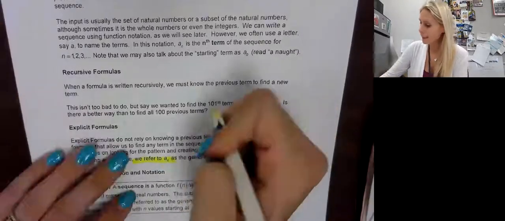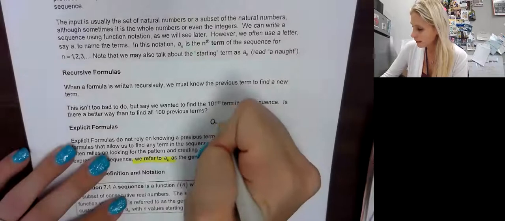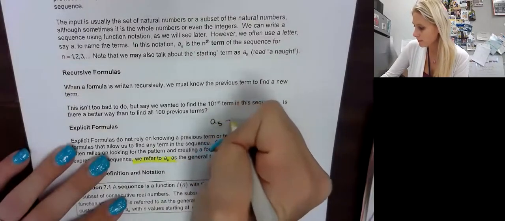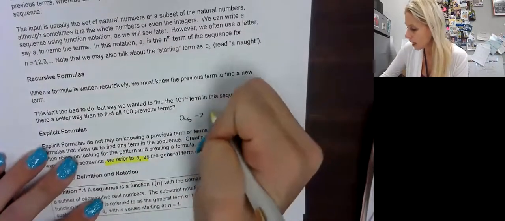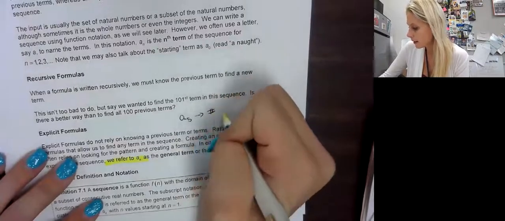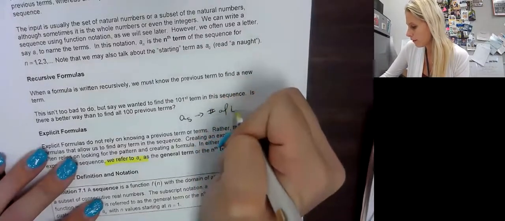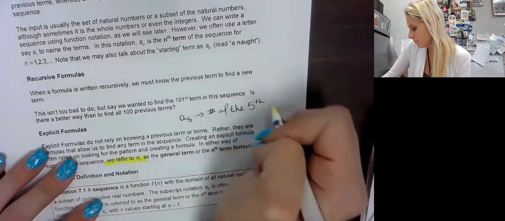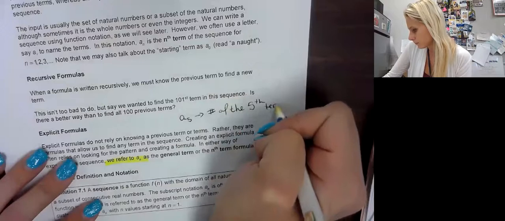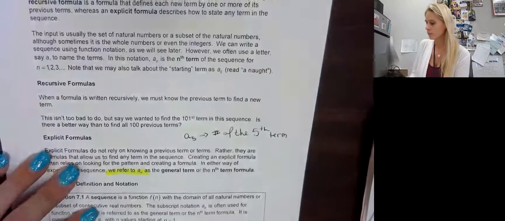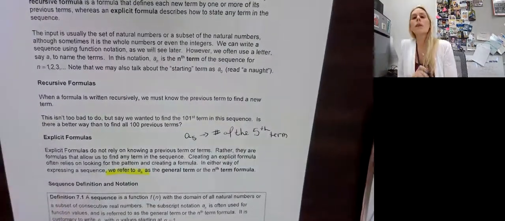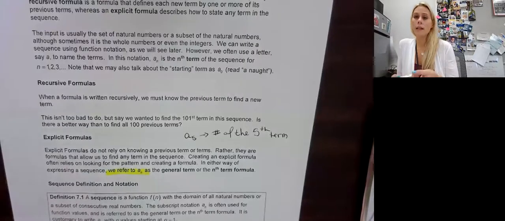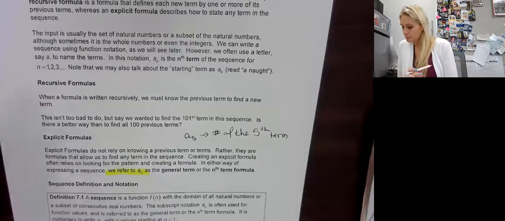So when I see a sub 5, I'm talking about the value of the fifth term. The other thing we want to think of is our n's will always start with 1. So those are our counting numbers, our natural numbers.